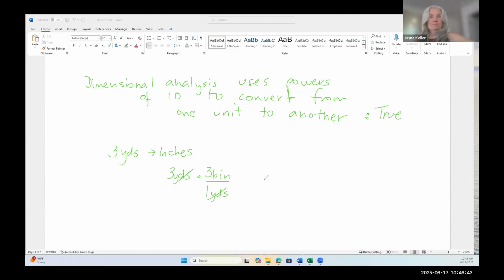Now, it could be true if I'm converting in the metric system, right? Most of the time in the metric system, I'm converting using powers of 10, but it doesn't have to be. I might even be converting from metric to standard system or within the standard system. So this is not always true. So that's what is wrong with that statement.